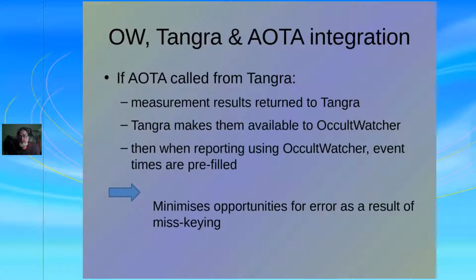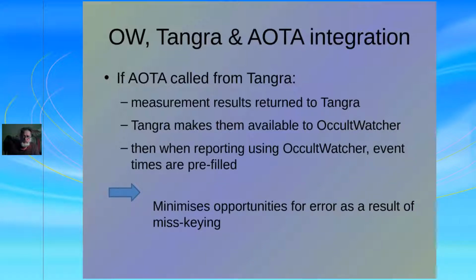It's just repeating the point that Bristow is making, the integration between Occult Watcher, Tangra and IOTA. Call IOTA from Tangra. IOTA will generate measurement results with uncertainties. Close down IOTA, and those measurement results get returned to Tangra. Tangra saves them in an XML file.